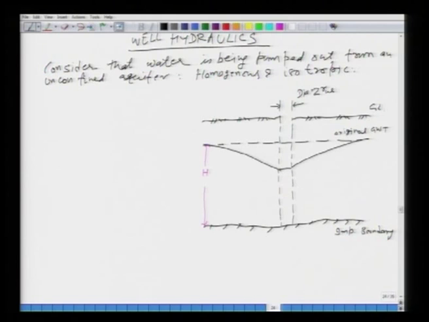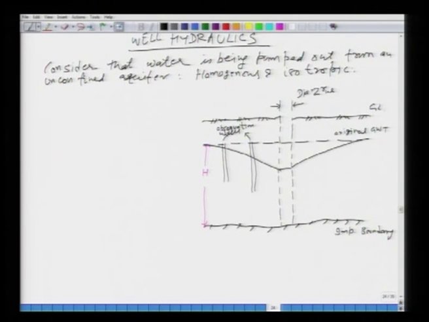Let us assume that we have some observation wells which are dug into the unconfined aquifer at certain distances. These are what are called the observation wells. We are not pumping water from them, but just measuring where the water is, the depth of it.